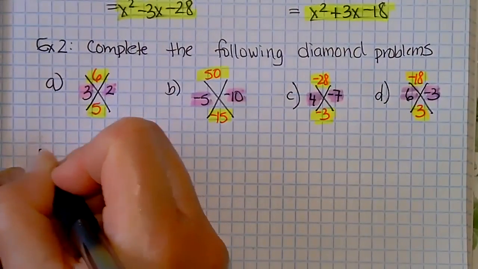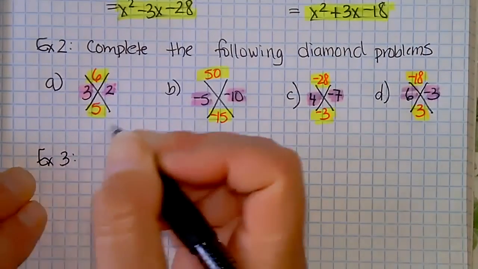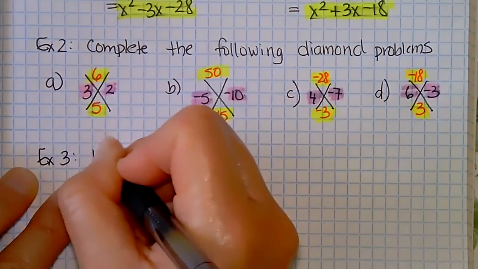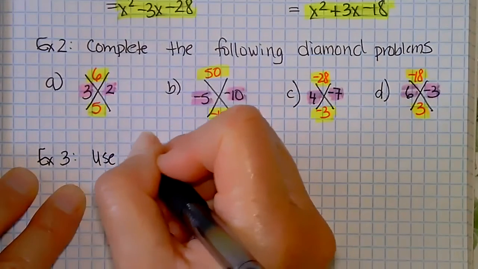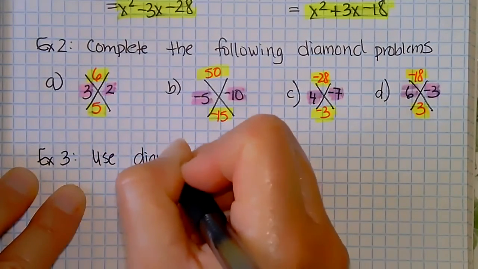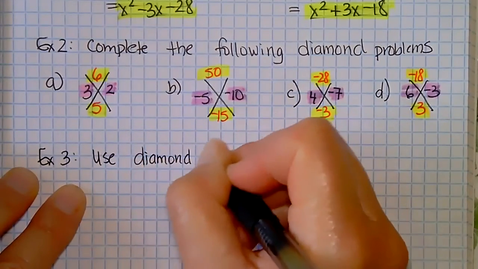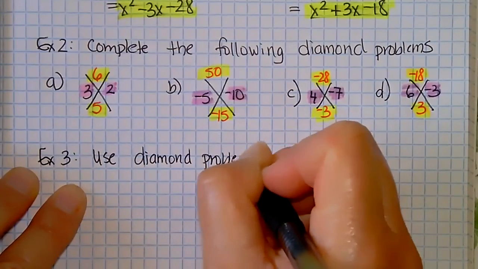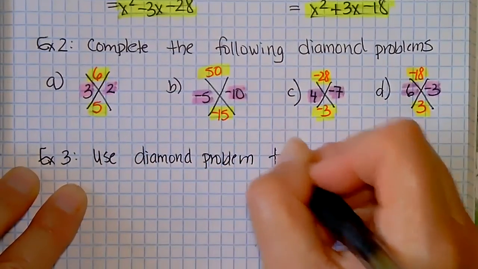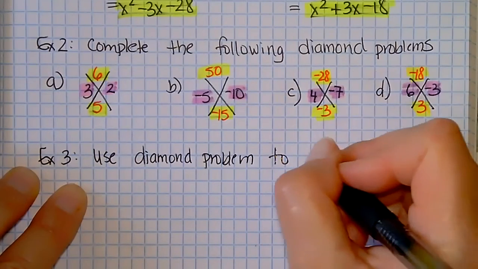So I'm going to go through 2 examples like this. Example 3, use a diamond problem to multiply the following binomials.